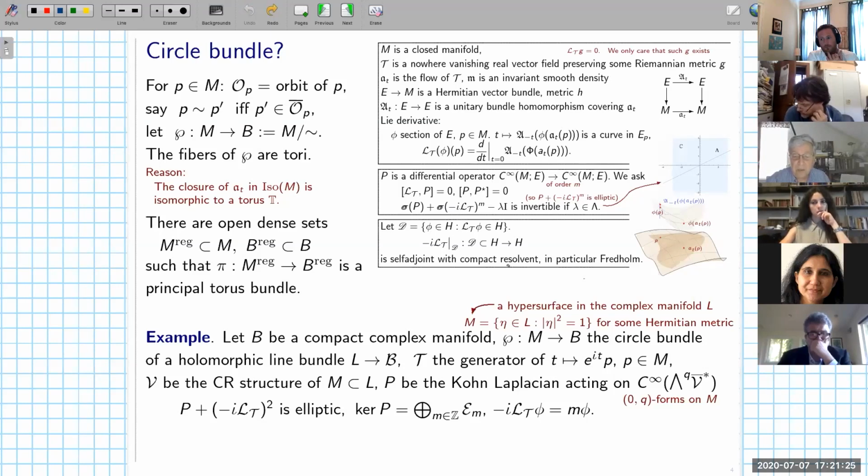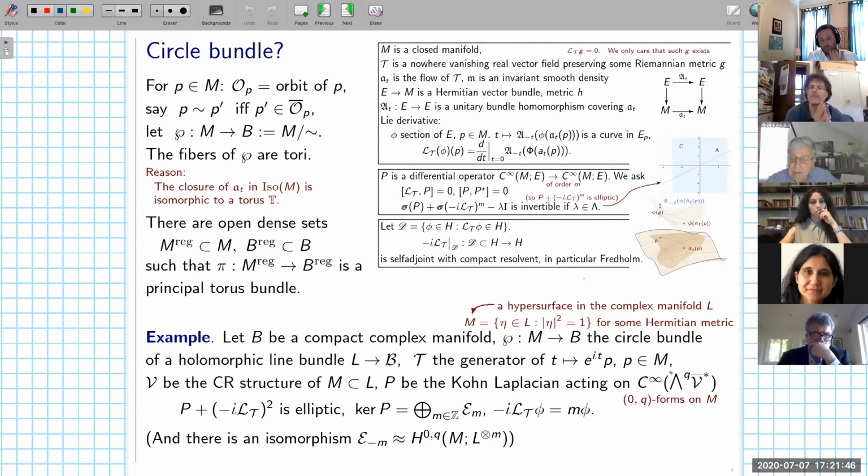And then what's the point? The point is that there is an isomorphism. On the other hand, there is an isomorphism. So one has, by the theorem, eigenspaces. One has the decomposition of the kernel of P. So what is the kernel of P?